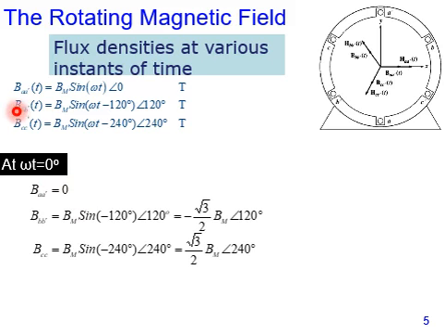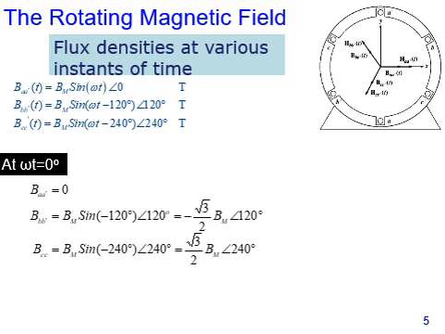But in case of BB bar, putting omega t equal to 0, we will get sine of minus 120 degrees. If we see the case of CC bar, then there would be minus 240 degrees.